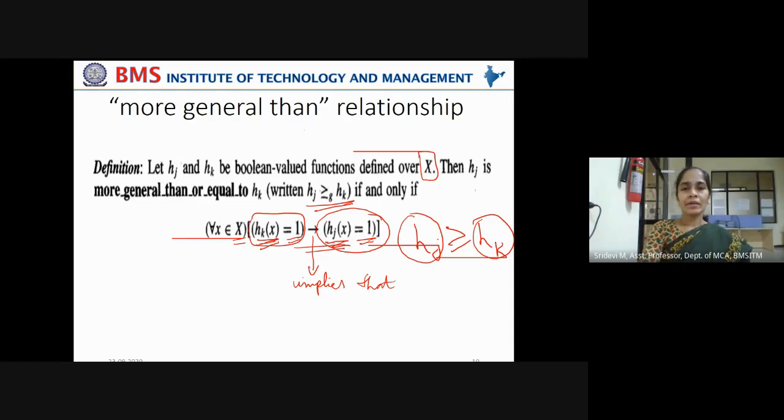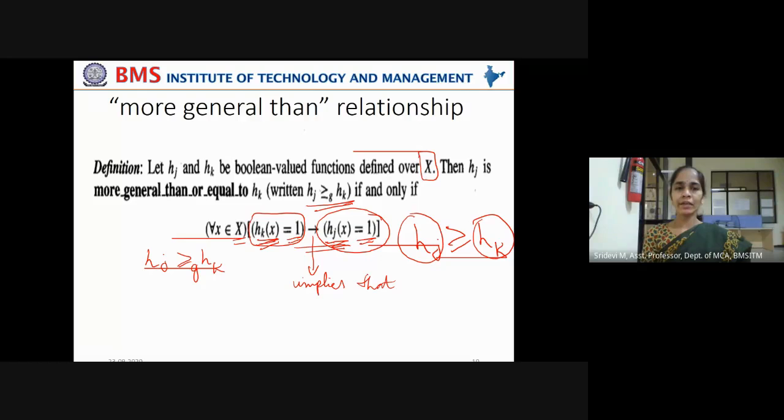Now, some playing with mathematics we will do. Okay, Hj is more general than or equal to Hk. This you understood. Now, is Hk more general than or equal to Hj? Or I'll put it the other way, Hj is strictly more general than Hk, if I want to say. I'm repeating again.